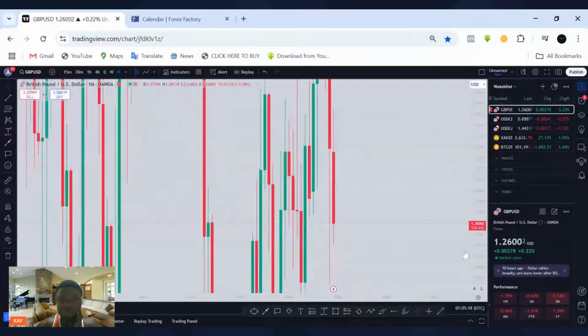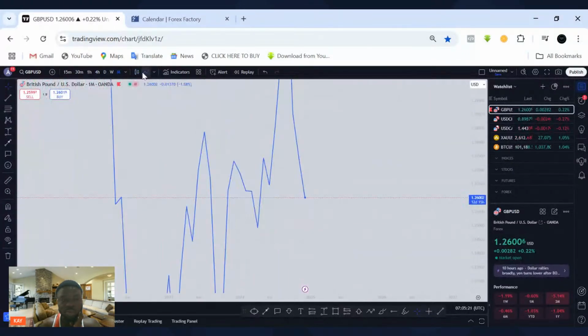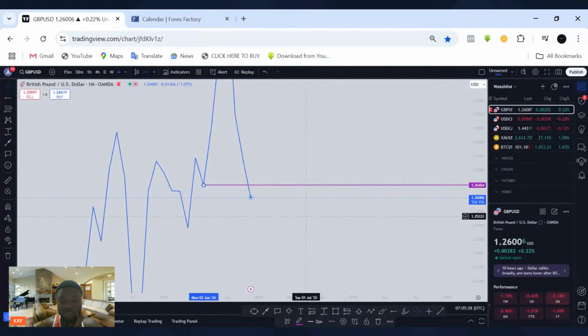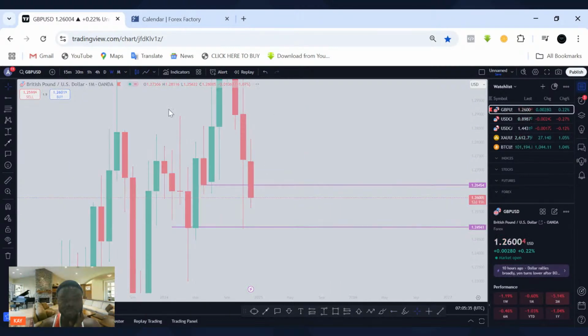With GBP USD, let's check it out. If you look at GBP USD, we're having this level over here. So this will be resistance. We're having this support over here.